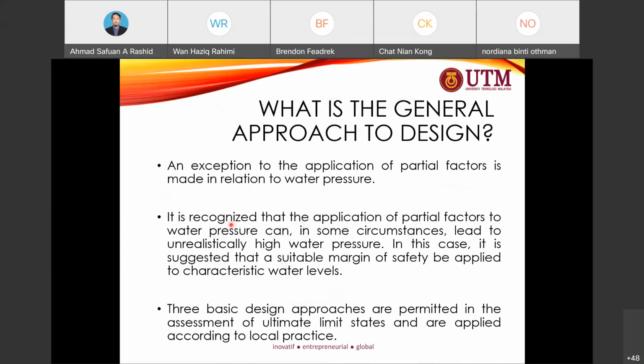An exception to application of partial factors is made in relation to water pressure. It is recognized that the application of partial factors to water pressure can, in some circumstances, lead to unrealistically high water pressure. So for water pressure, we may not apply any partial factor.